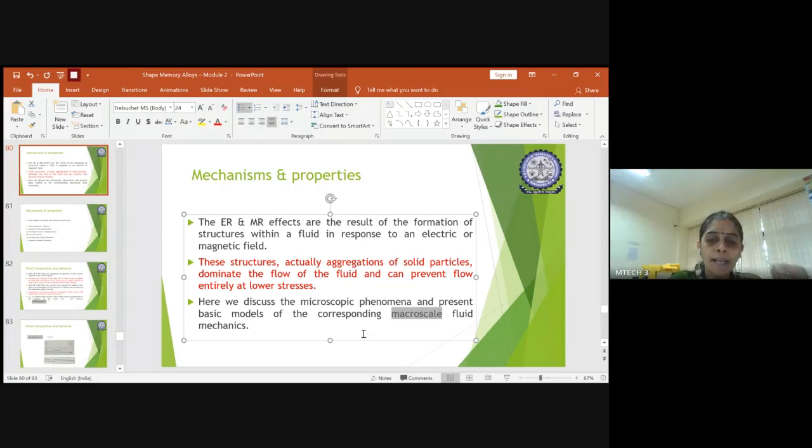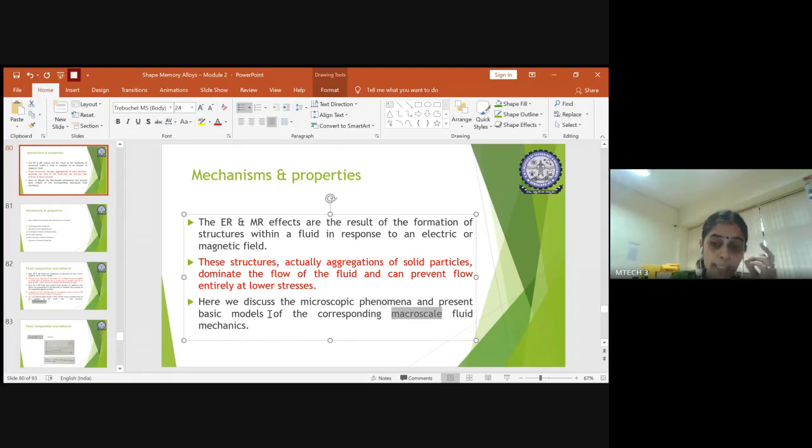So to analyze the fluid mechanics due to the solid particles which are at micro or nano scale, you should develop some basic models. You cannot see that with the human eye because it is at micro and nano scale. And hence you have to develop some model and analyze the microscopic phenomena based on this model to realize the macro scale analysis of the fluid mechanics, right?